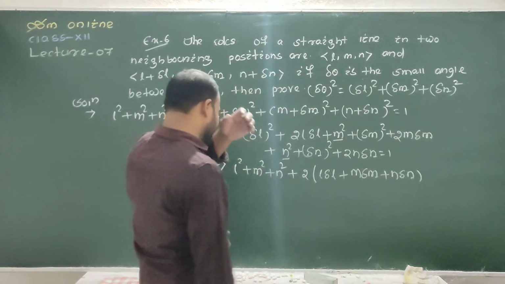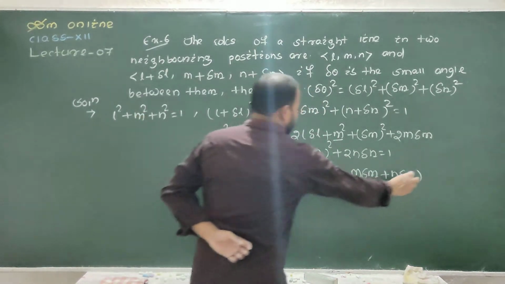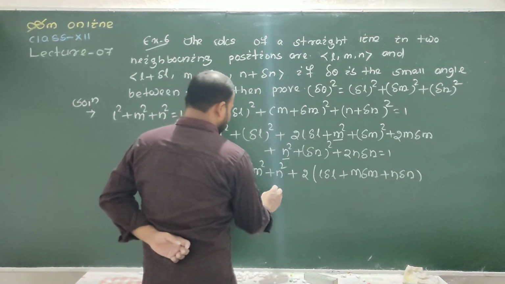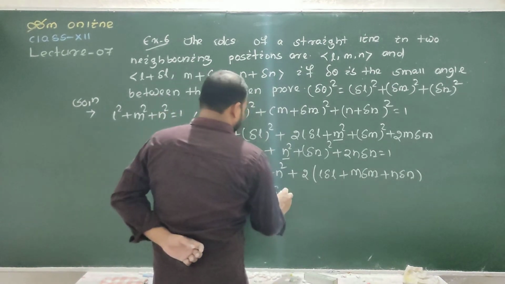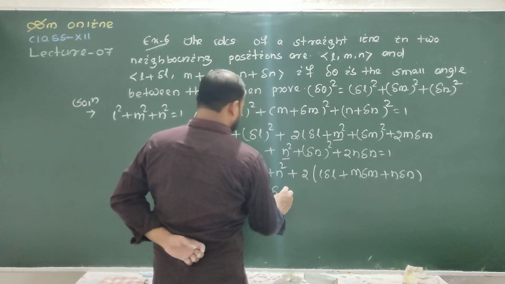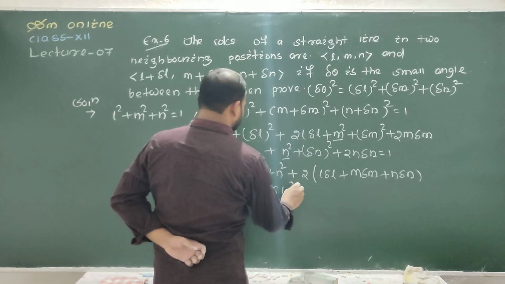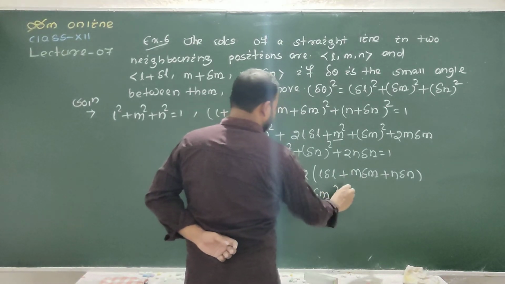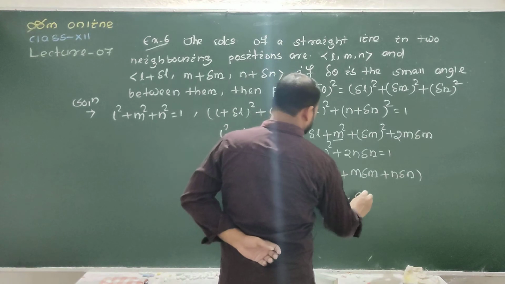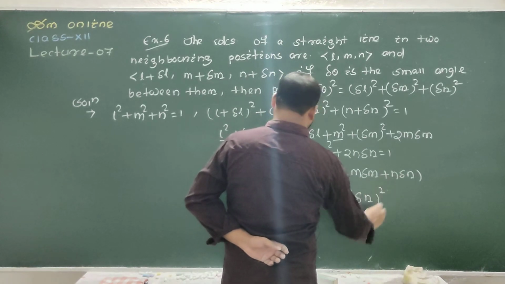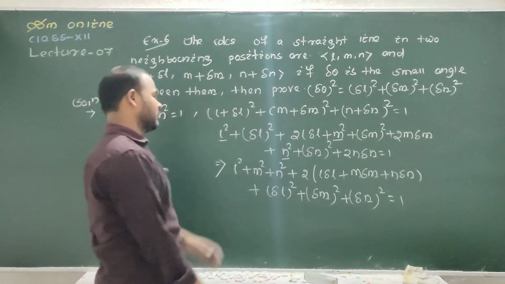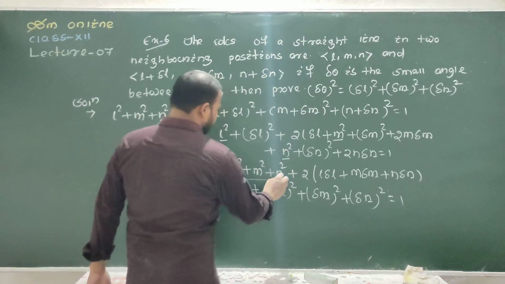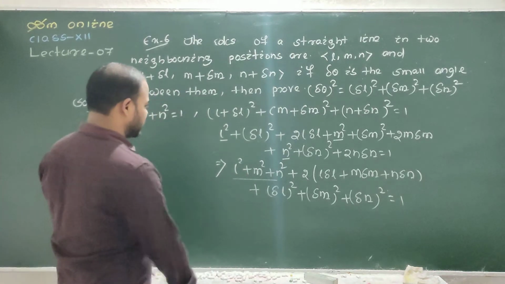Okay, and bracket close, and plus this is del L square plus del M square plus del N square equal to 1. Okay, so we know that L square plus M square plus N square equal to 1. So here this is L square plus M square plus N square equal to 1.